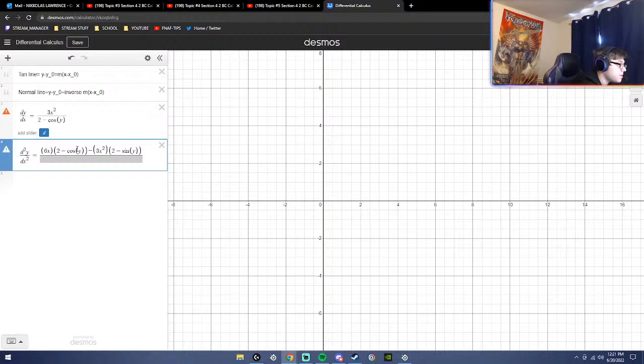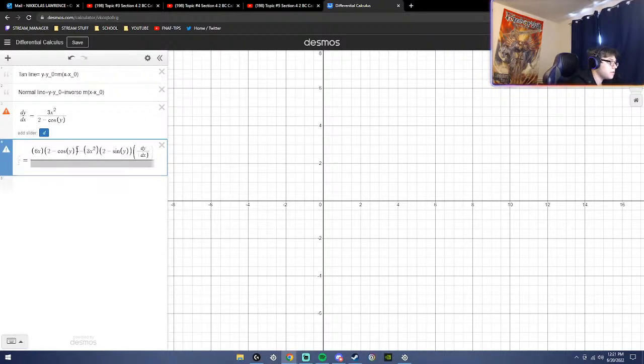But that makes no sense because the derivative of cosine is negative sine. So if it's a negative cosine, wouldn't that make it positive sine? Because two opposites make a positive? I don't know. And then it's going to be dy dx, all over 2 minus cosine.